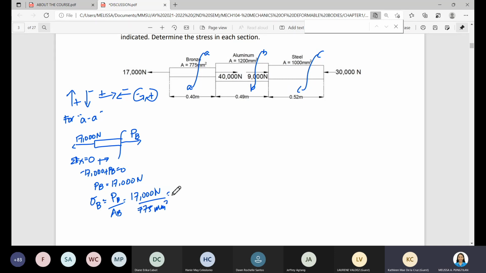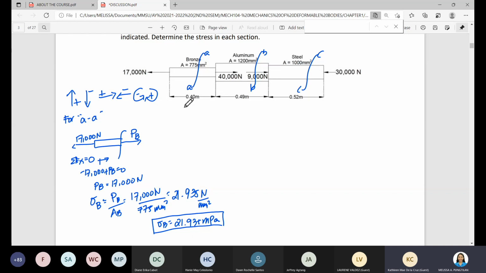So this is equal to, so i-calculator ko na lang siya. Paki-interrupt na lang kung mali po yung aking sagot. So I have here 21.935 Newton per square millimeter or 21.935 megapascal. So ito yung sagot natin for the bronze section.